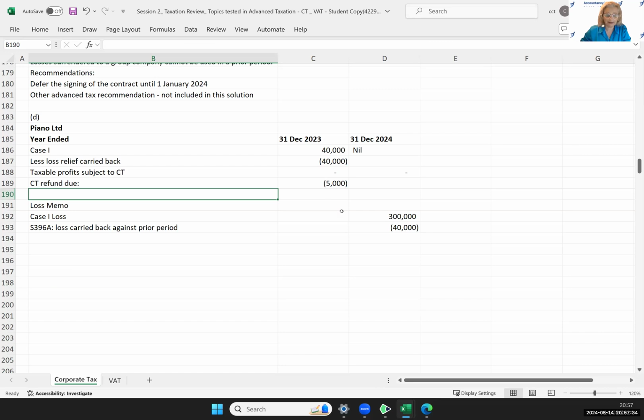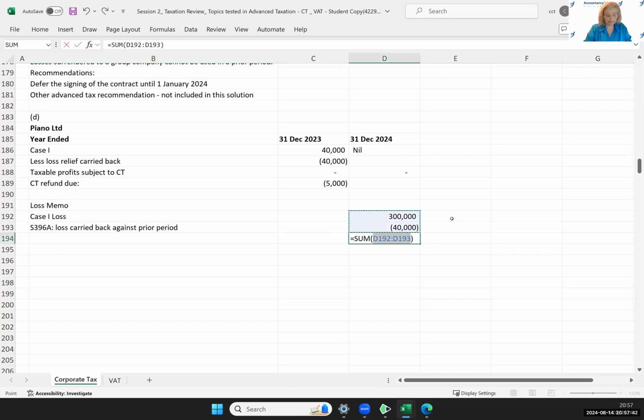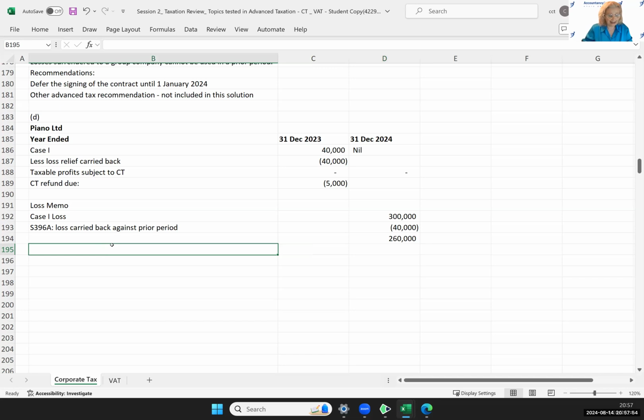Piano is still going to get its 5,000 refund. How much losses were left over? 260,000. When Piano wasn't in a group, we said, tough, that's carried forward, ring fenced to income of the same trade. Now that it's in a group, that's available for group relief.